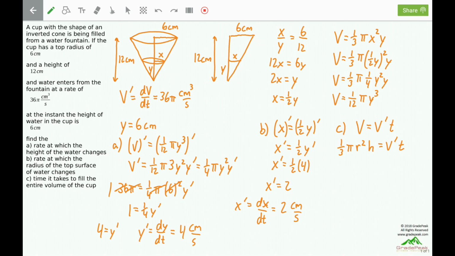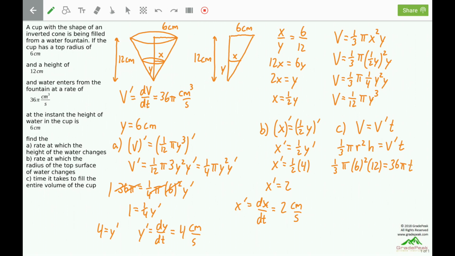We want to fill the entire cup here. So we will be using the entire radius of the cup, which is a 6, and the entire height of the cup, which is a 12. And all this will equal the rate at which it's being filled, v prime, which is 36 pi, and then times t.